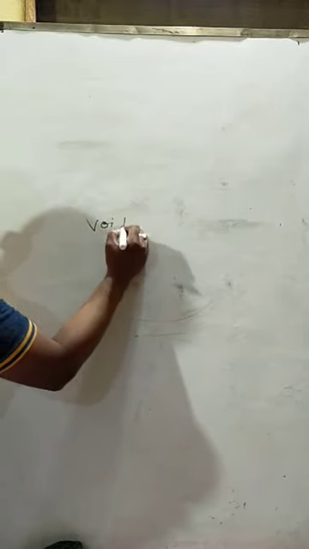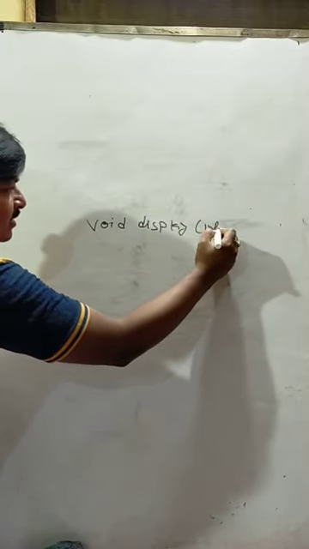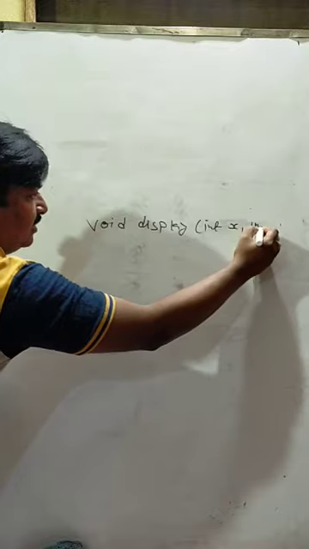Next, what is the use of the scanner class? In the previous class, that is in standard 8, in our Java program we were writing like this: void display(int x, int y).